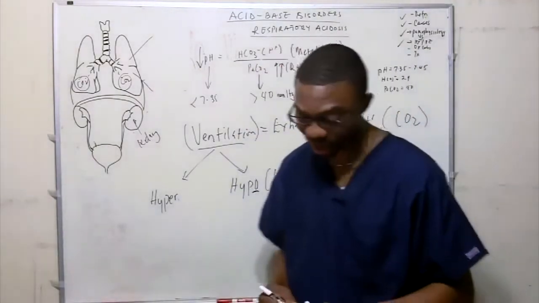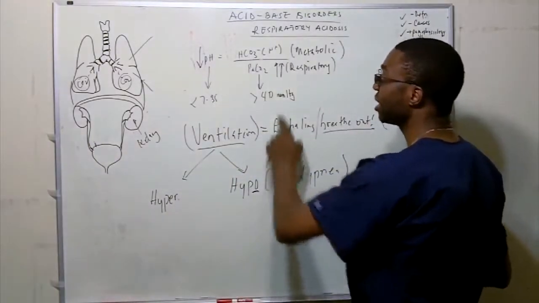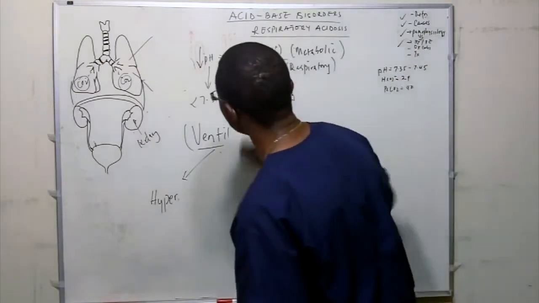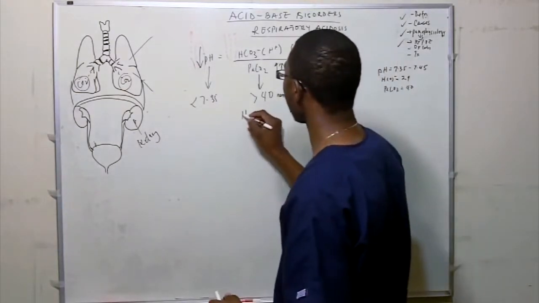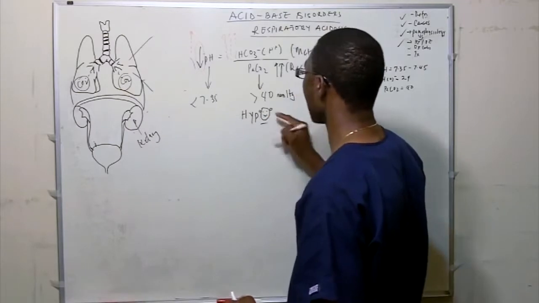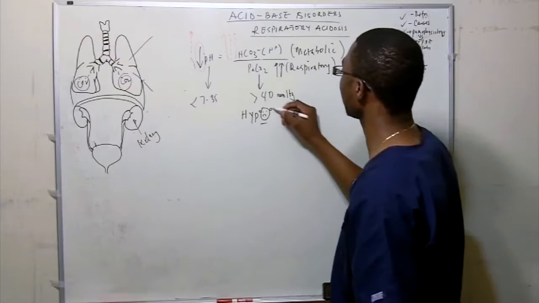So now let's talk about causes of it. Now that you understand what hypoventilation is, that's what respiratory acidosis is. That's what causes respiratory acidosis. So all we have to do is just bring hypoventilation of the little smiley face. Actually, they're not smiling, to be quite honest with you. Hypoventilating.